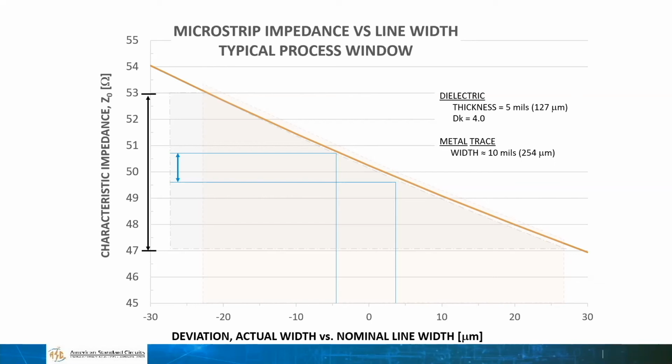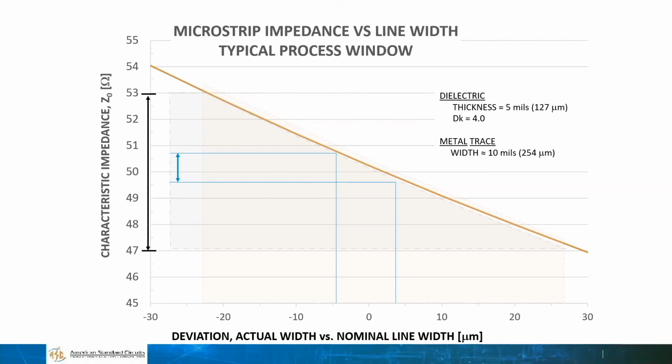Now, 5 microns is very tight for a normal subtractive process, but it's very loose for our A-SAP process. So we'd actually be quite a bit tighter than that. So you could stay well within a quarter ohm of being at 50 ohms across all of your products that you're shipping, if the variations only came from line width.